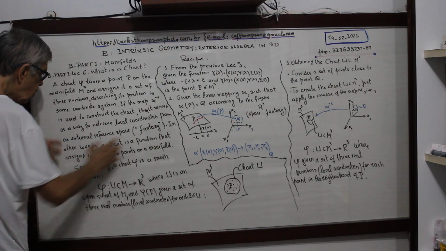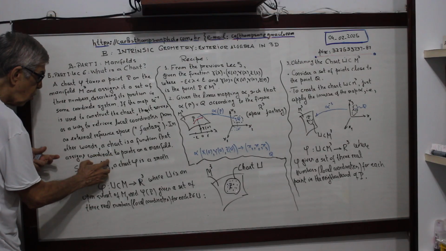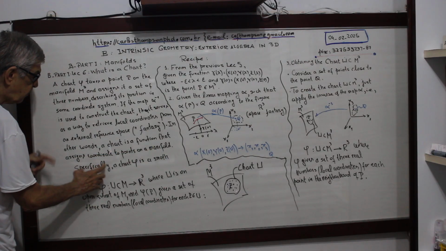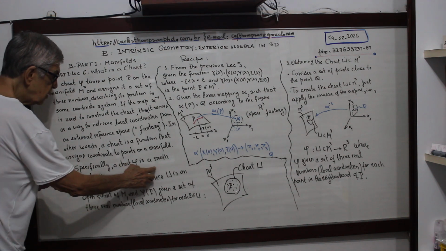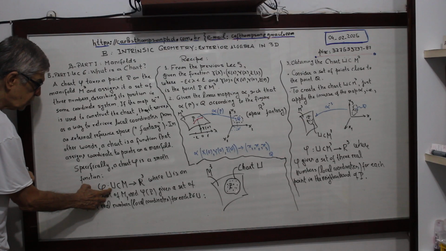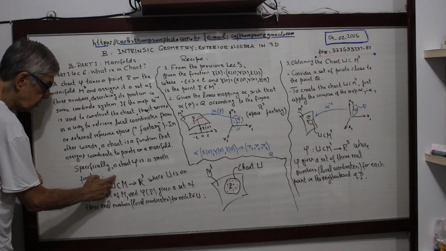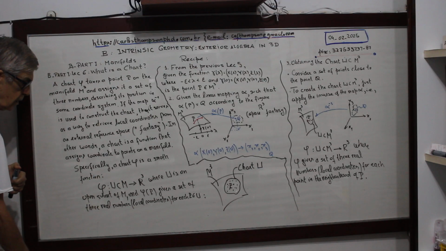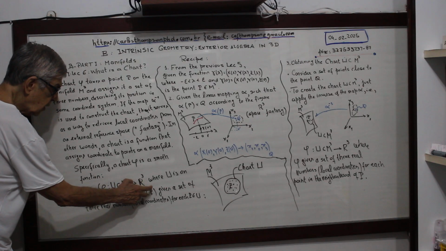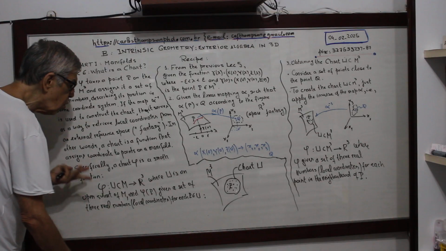In other words, a chart is a function that assigns coordinates to points on a manifold. Specifically, a chart phi is a smooth function. You see this smooth function. U is a chart contained in the manifold M, and leads, in this case, to three coordinates.